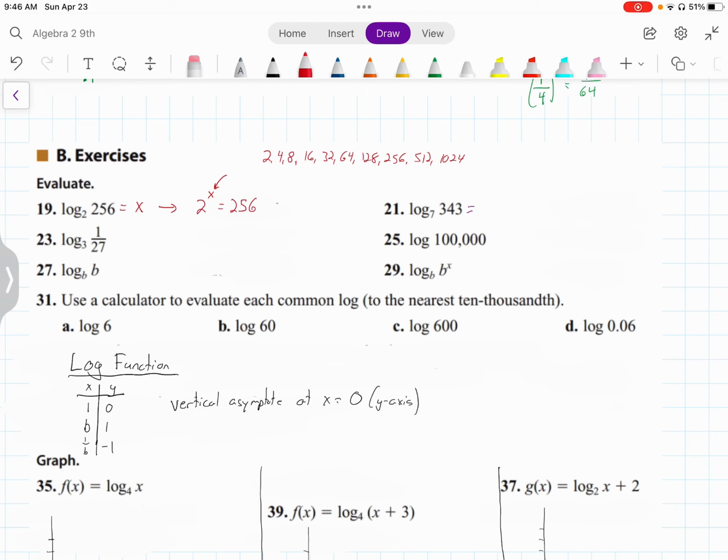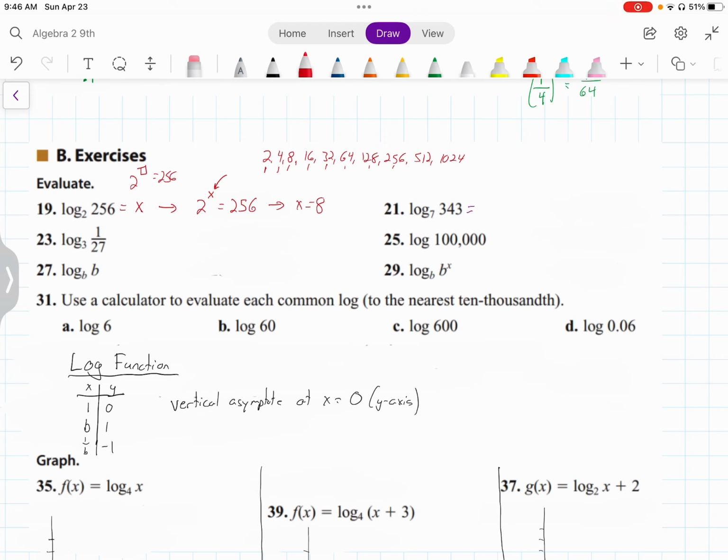So this is to the first, second, third, fourth, fifth, sixth, seventh, eighth. x has to equal 8 here. So again, in our mind, we're thinking 2 to what power gives me 256? So the answer is 8.